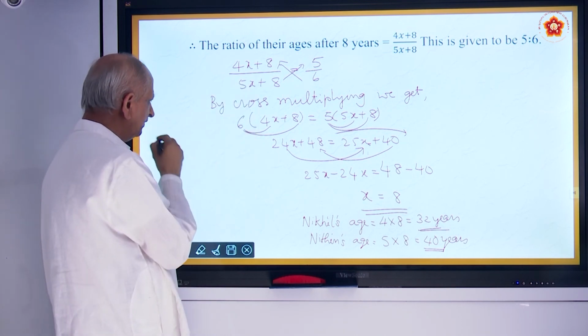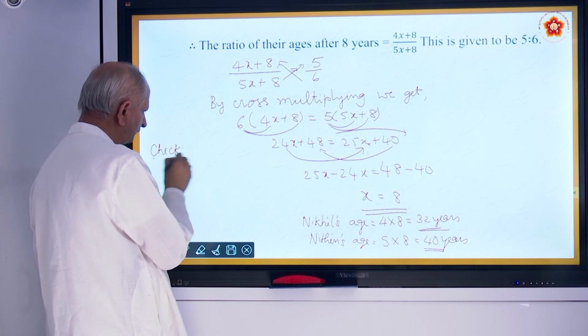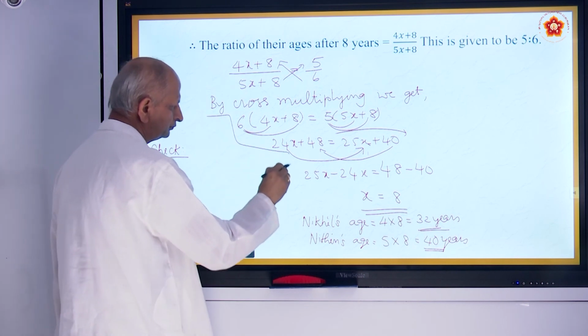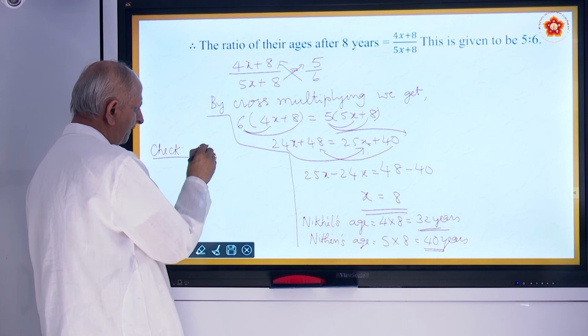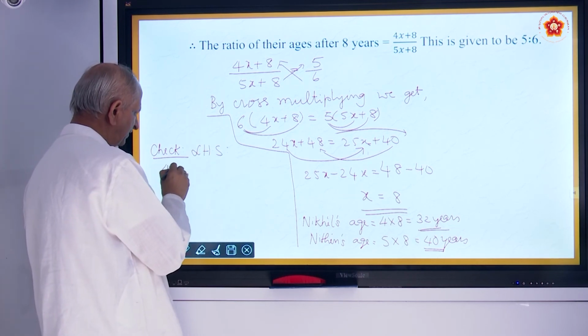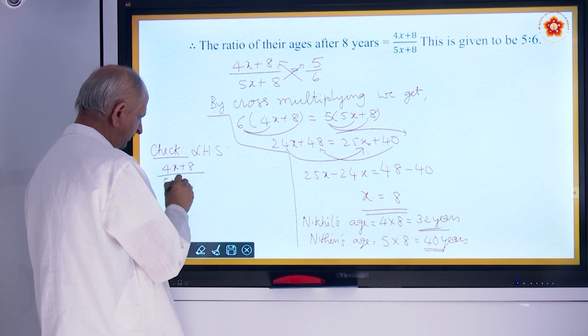If we apply it here, that is called checking or verification. See, on the left hand side you have the fraction 4x plus 8 by 5x plus 8.